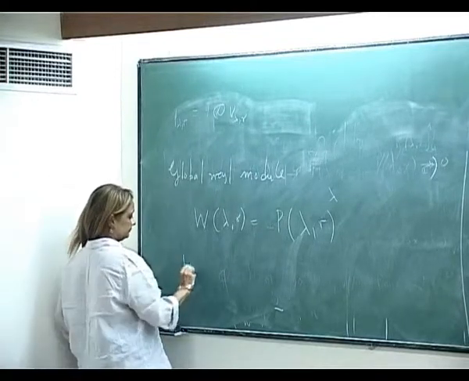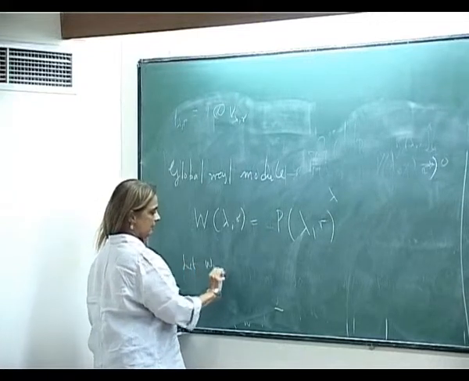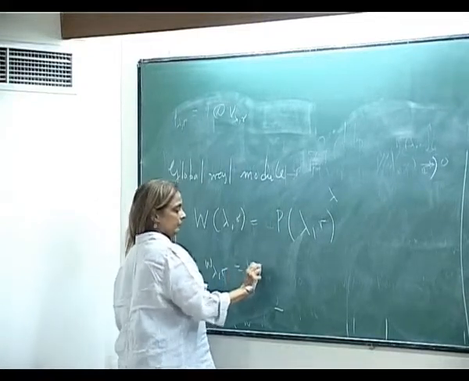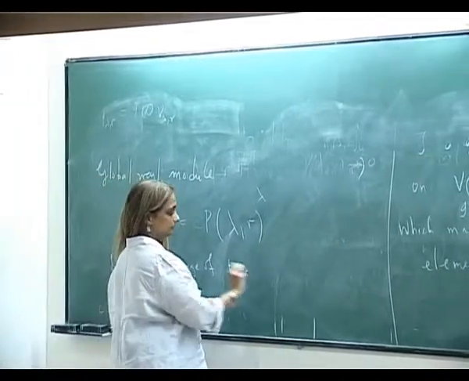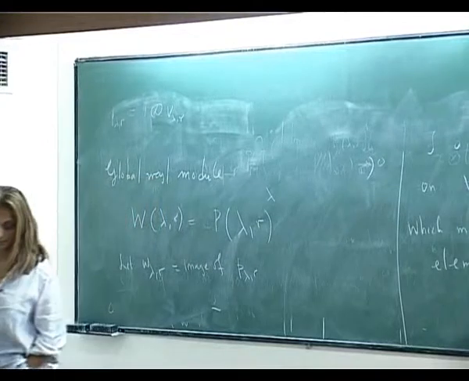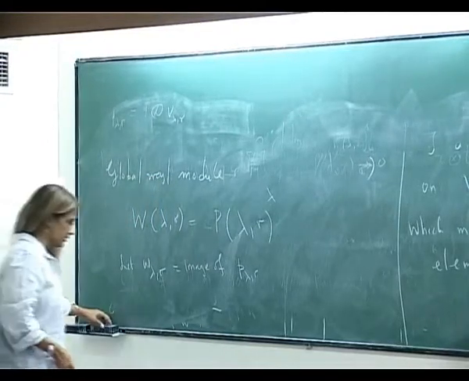Let W lambda R be the image of the element P lambda R. We defined this as 1 tensor V lambda. What is an immediate consequence of this definition?